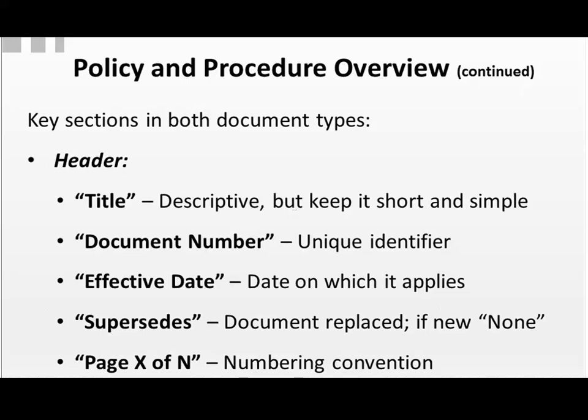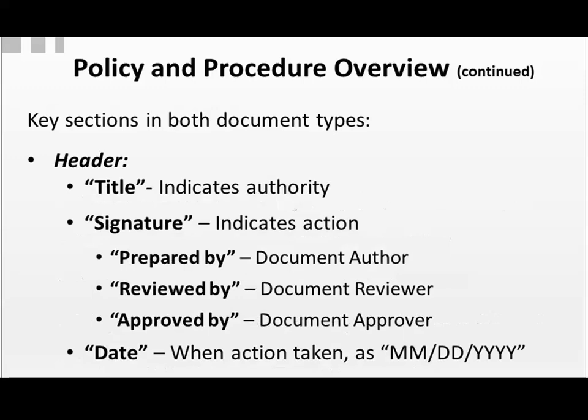There should be an effective date, the date upon which this policy or procedure takes effect. It should supersede another document, or if it's a new document, it should be indicated as none. There's no replacement. Every page should be numbered as page X of N, using that numbering convention. Any other identification information should also be included.